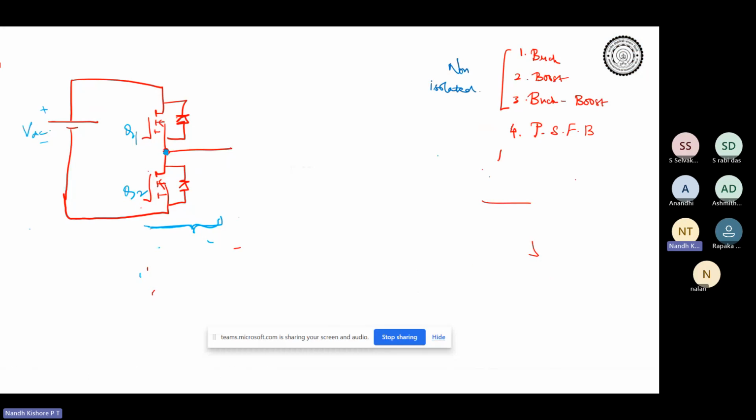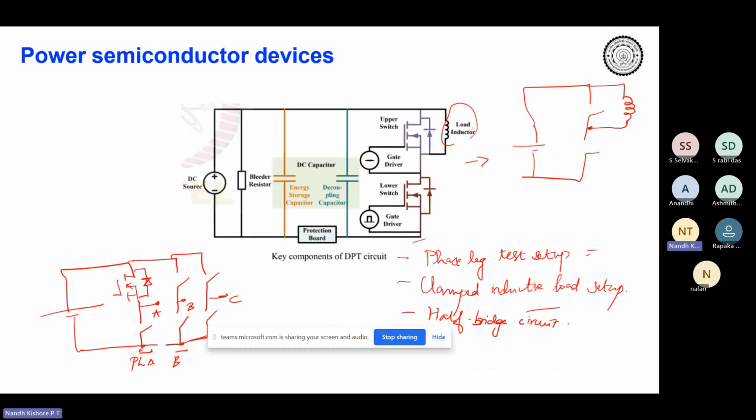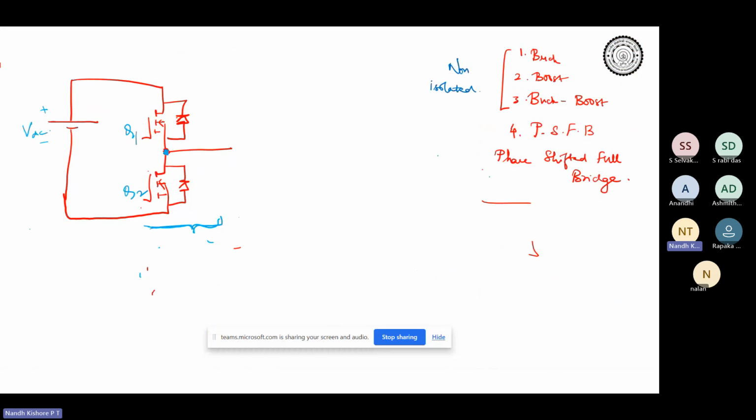But the point is, you have the phase shifted full bridge, and another such example would be the dual active bridge, or DAB as they call it.